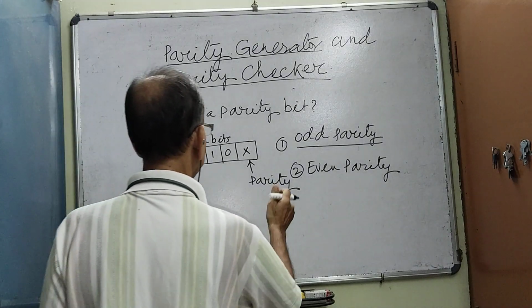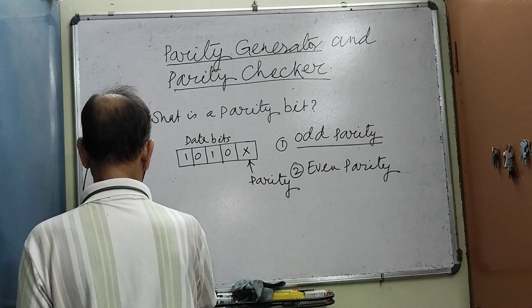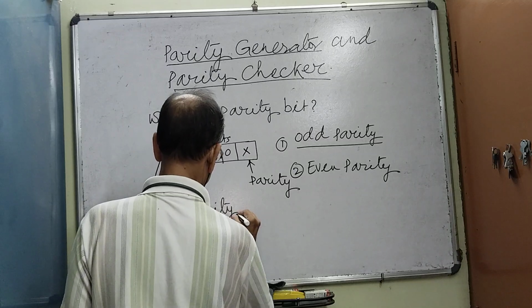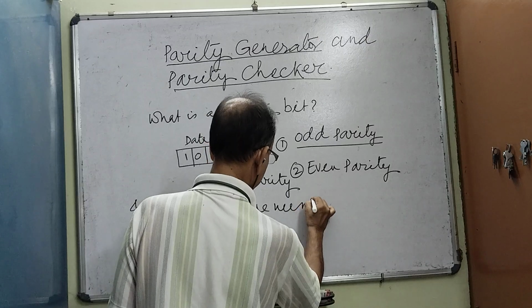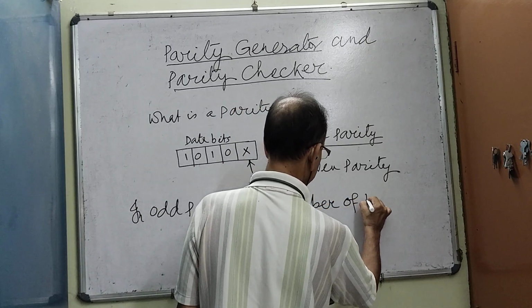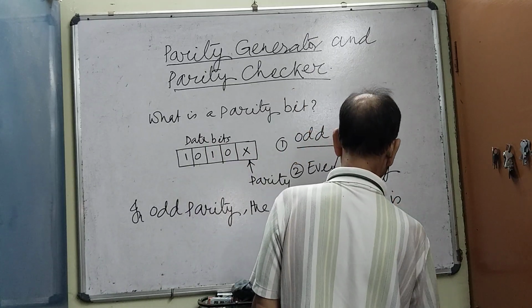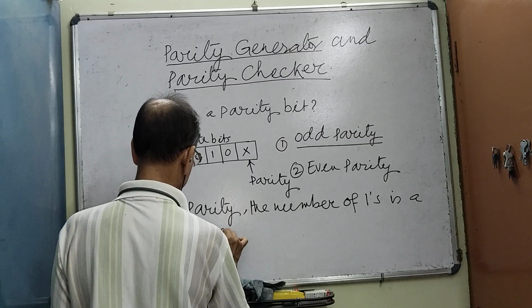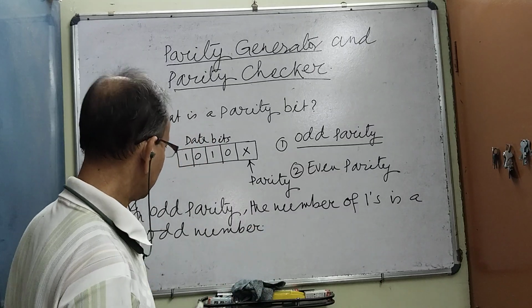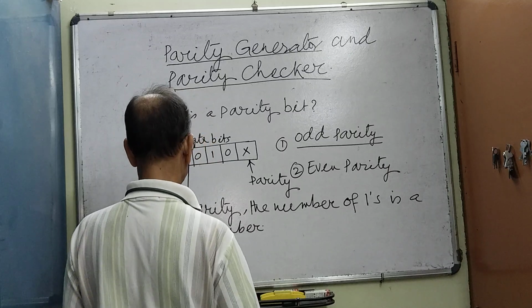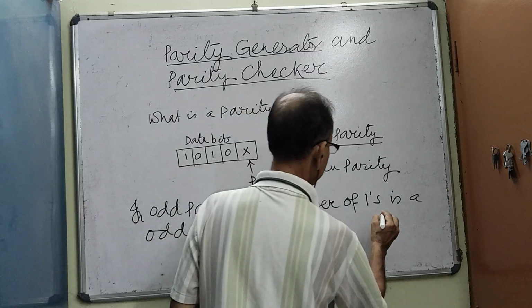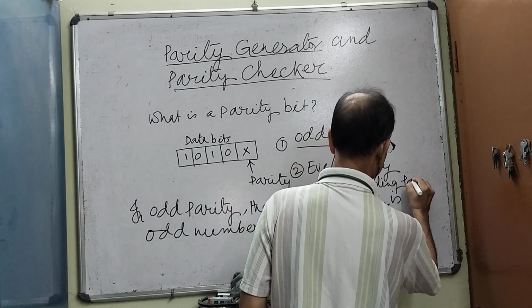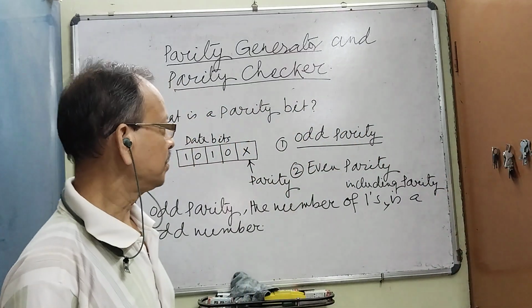In case of odd parity, the total number of ones, including the parity bit, is an odd number.